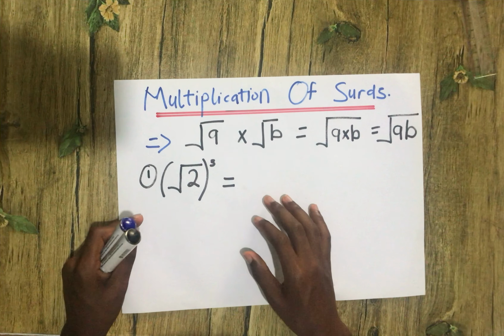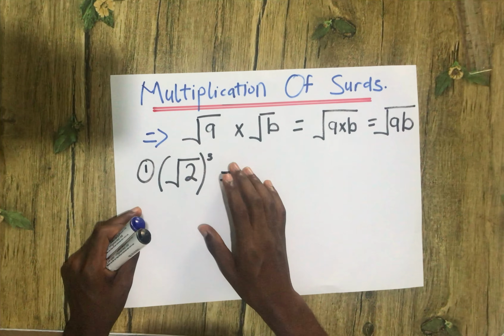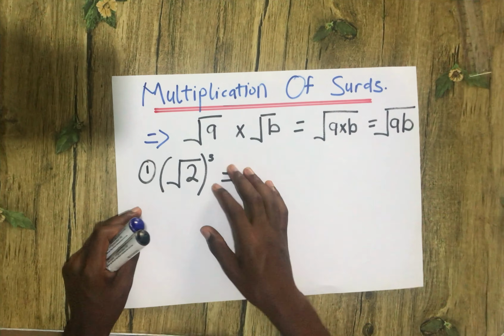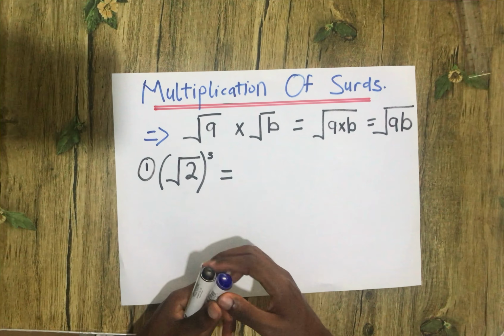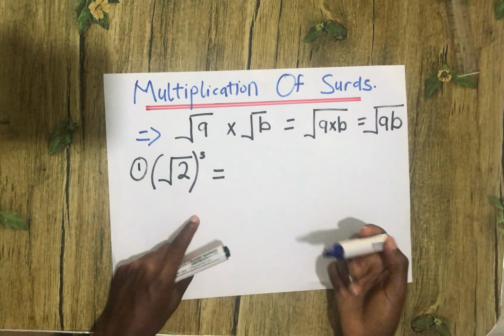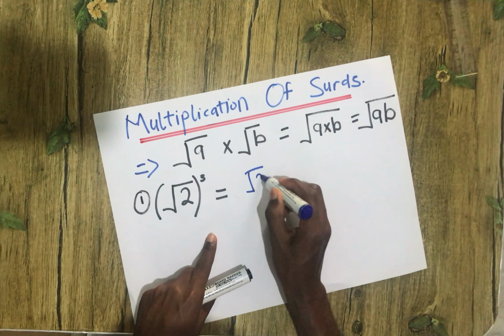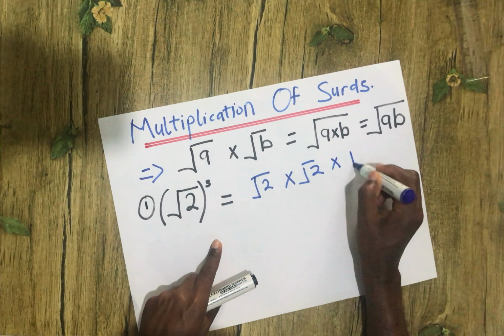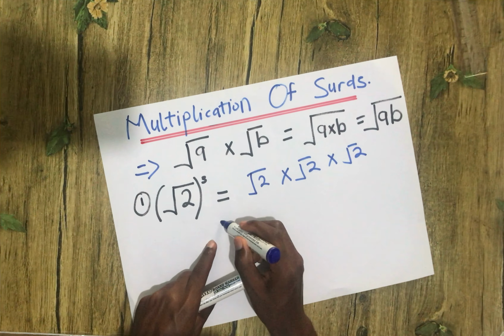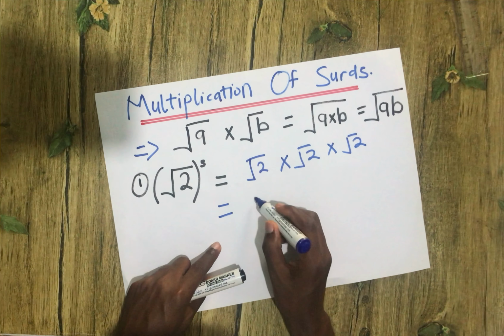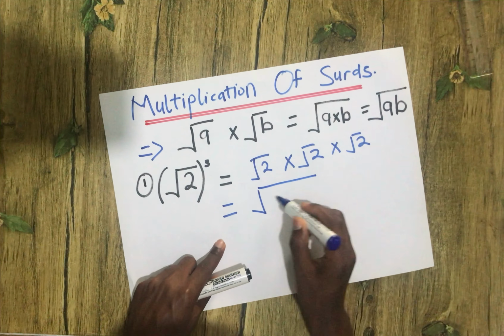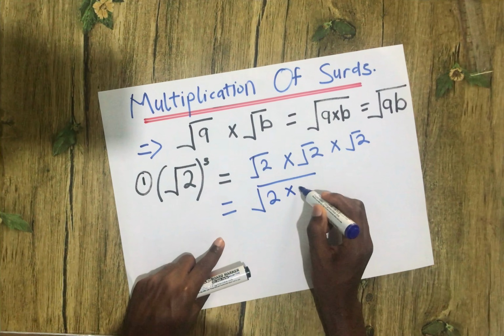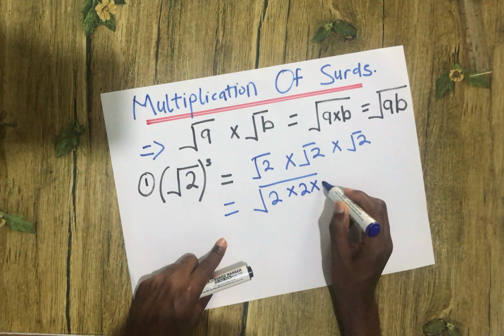How can we get the cube of root 2? So now we can expand this as root 2 times root 2 times root 2. So now this can also be written as root of 2 times 2 times 2.